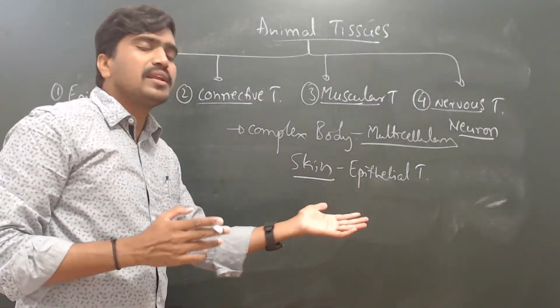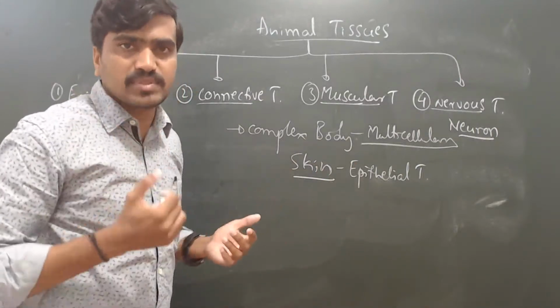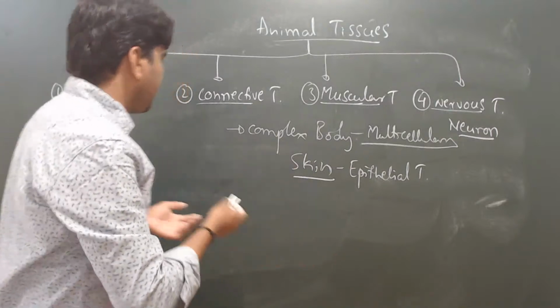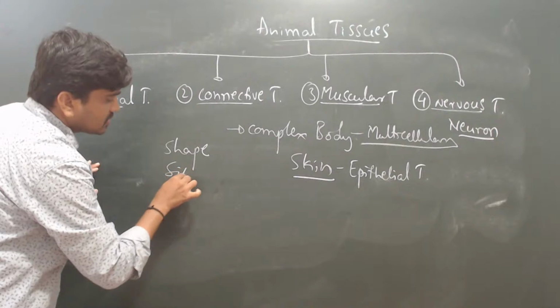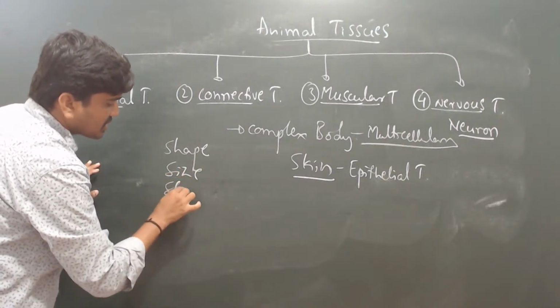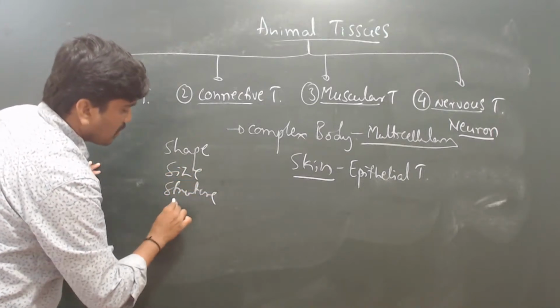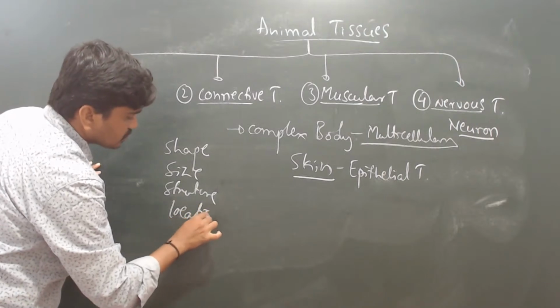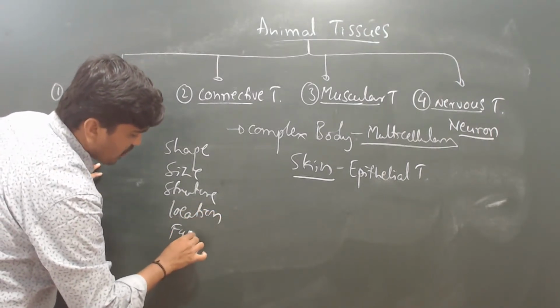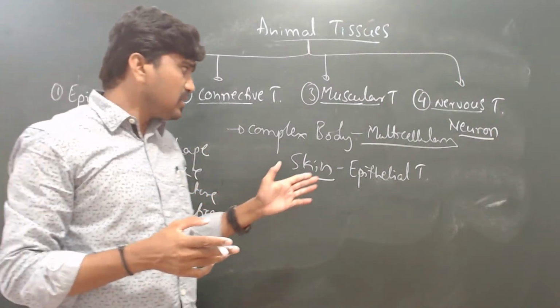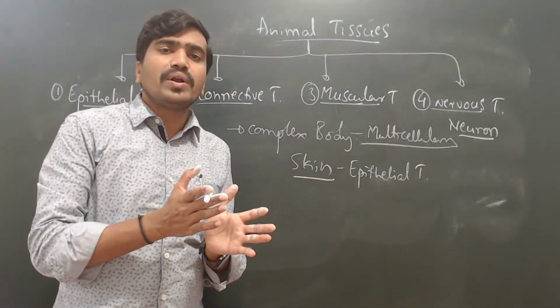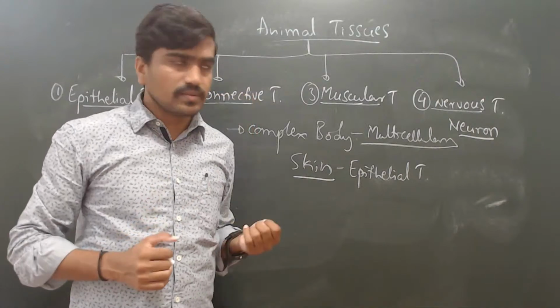But in epithelial tissue there are again many types that depend on their shape, size, structure, location and function. On the basis of this, epithelial tissue divides into four types.